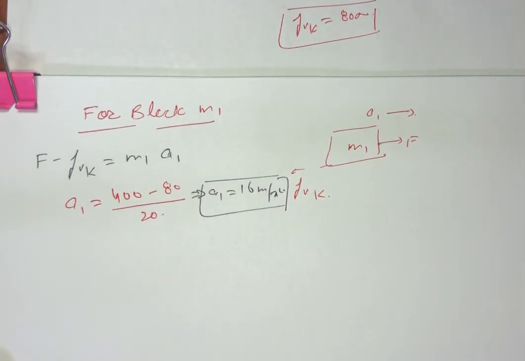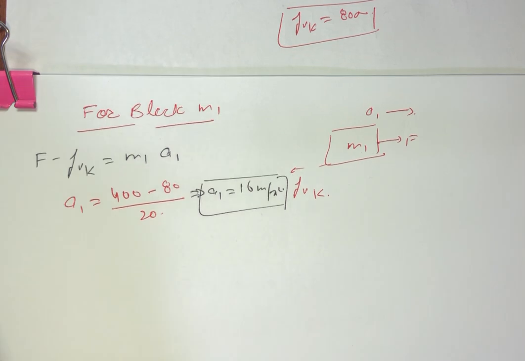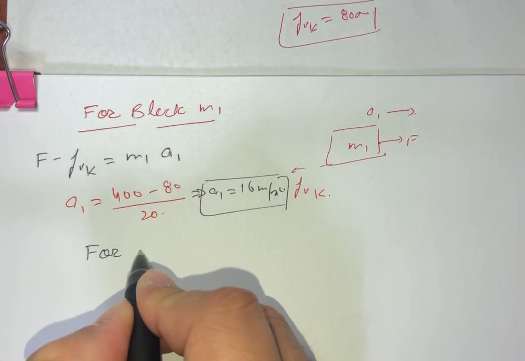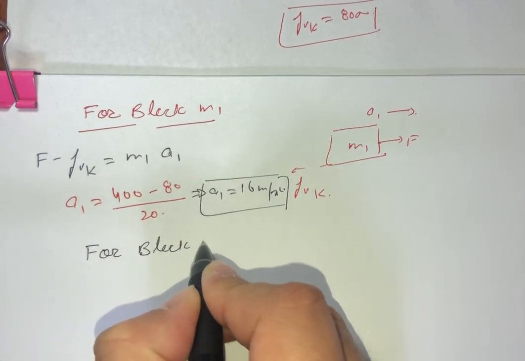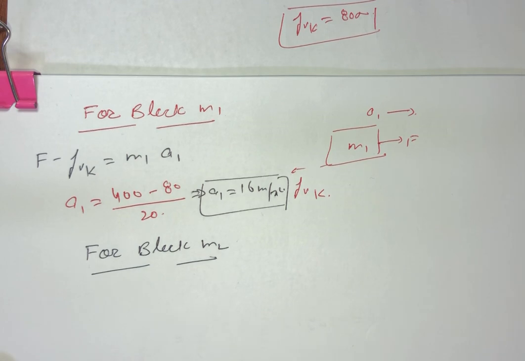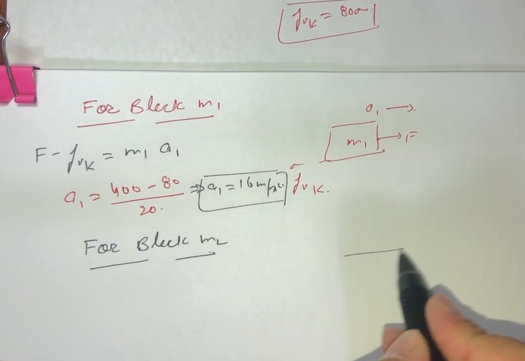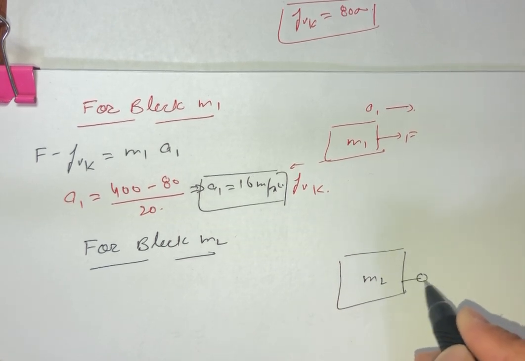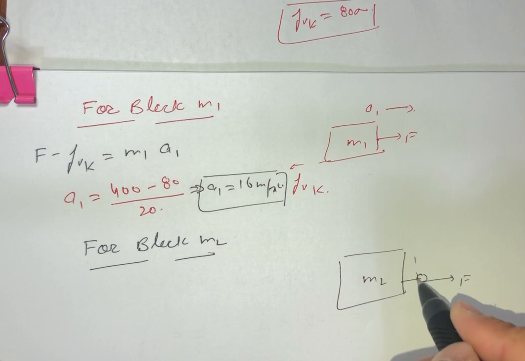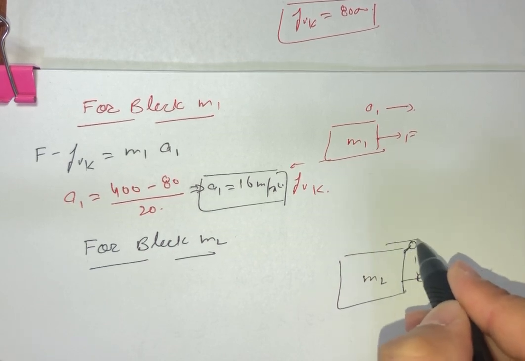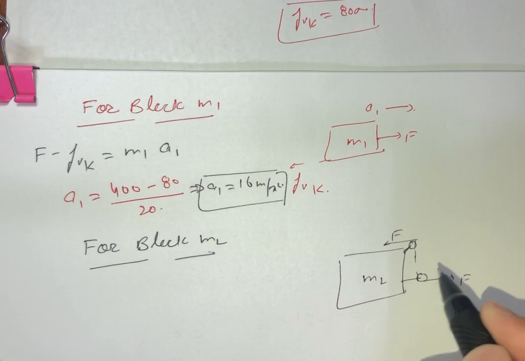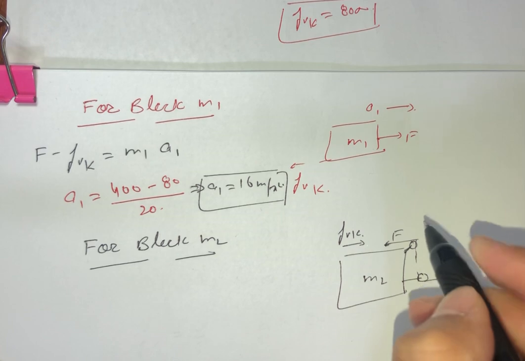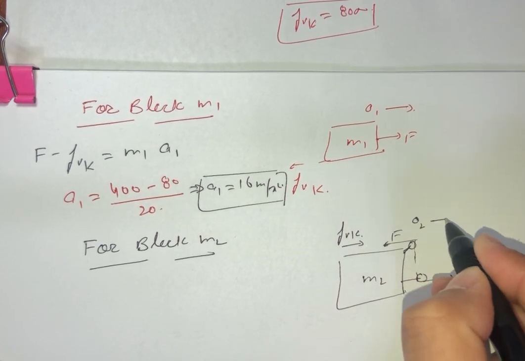And let us do it for m2. So for block m2, there is a force F, and here also force F, and the friction Frk will be acting, and let us suppose it is moving with acceleration a2 in this direction.